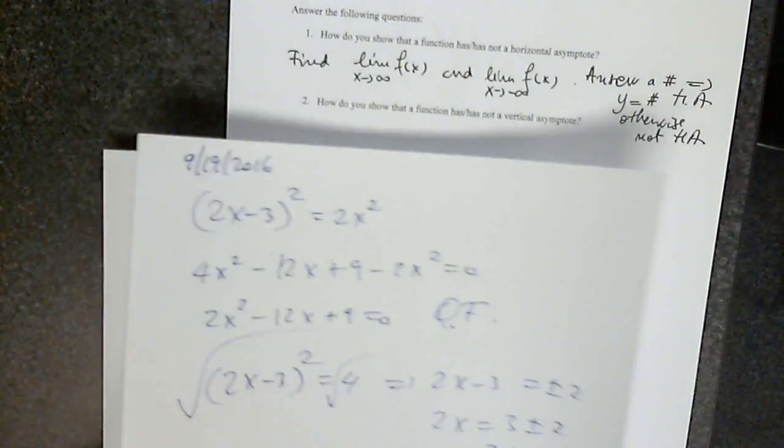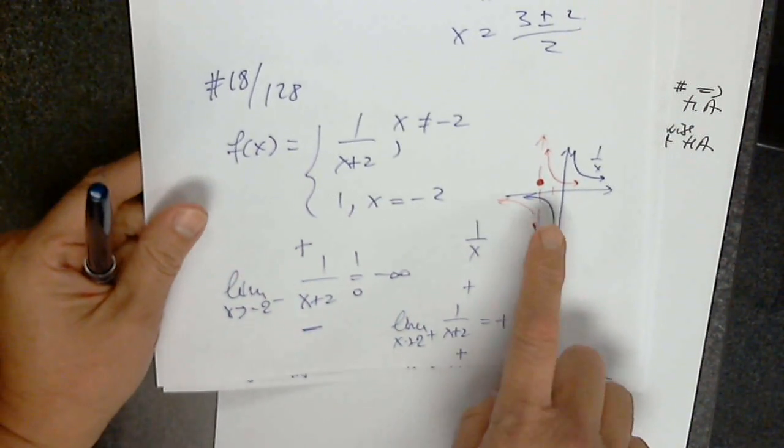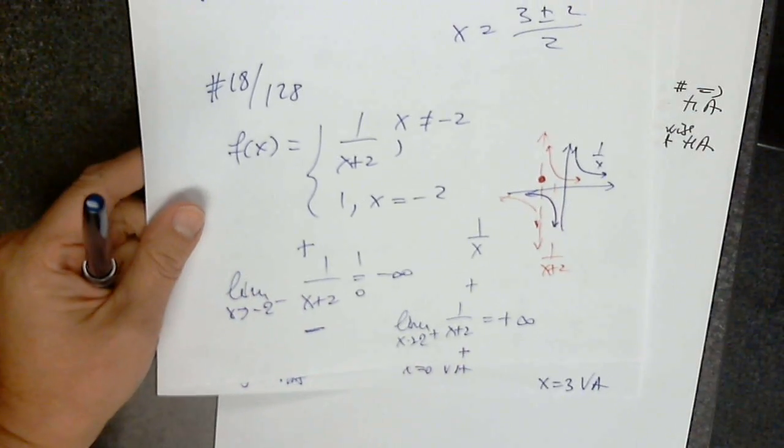The point doesn't exist, the function is undefined. Not that the point does not exist, because here, for example, the point existed, but still the function has a vertical asymptote there.